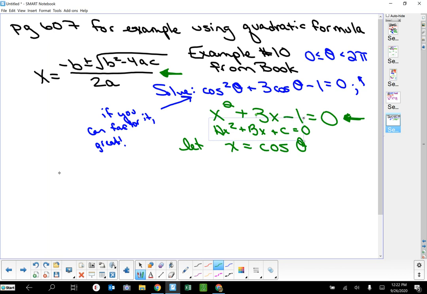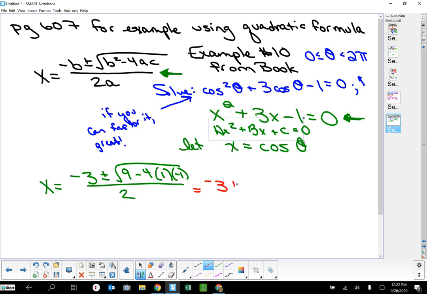So if we solve this, negative b would be negative 3 plus or minus the root. B squared is 3 squared, which is 9, minus 4 times a is 1, c is negative 1, all over 2 times a, which is just 2. Next step, negative 3 plus or minus the root of 9, and then these all get multiplied together, and that's just going to be plus a 4.